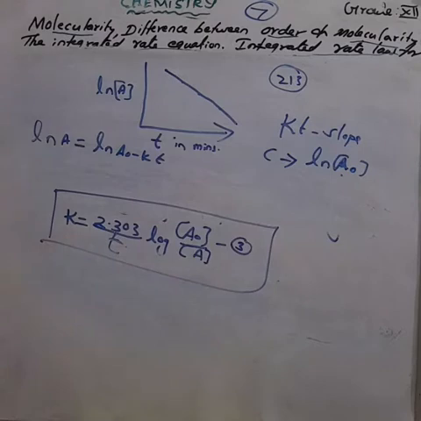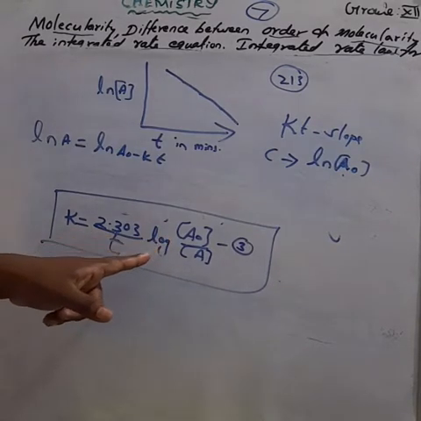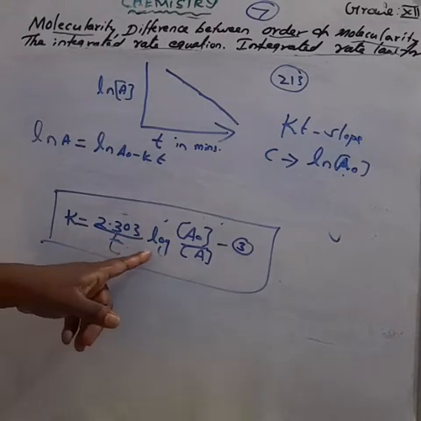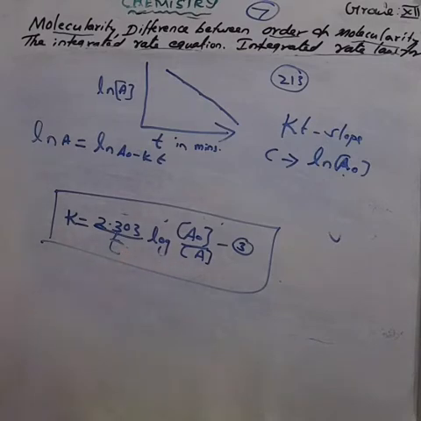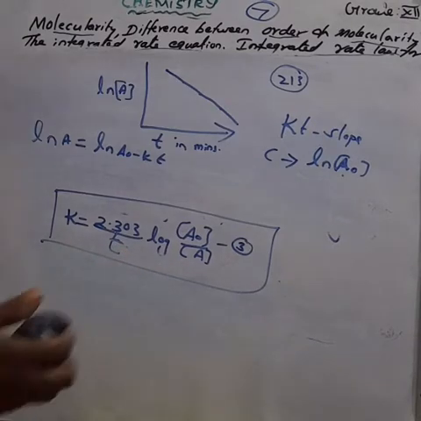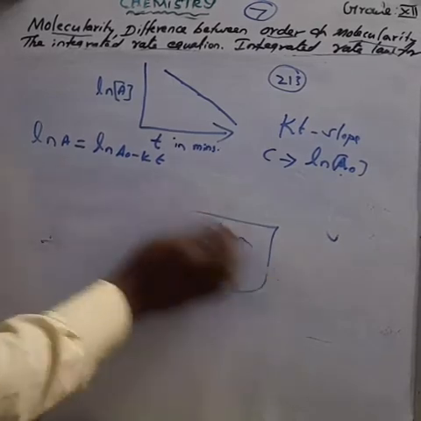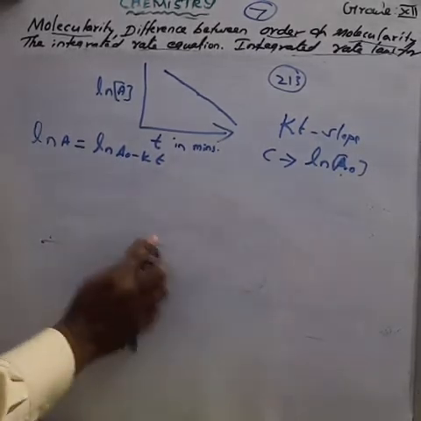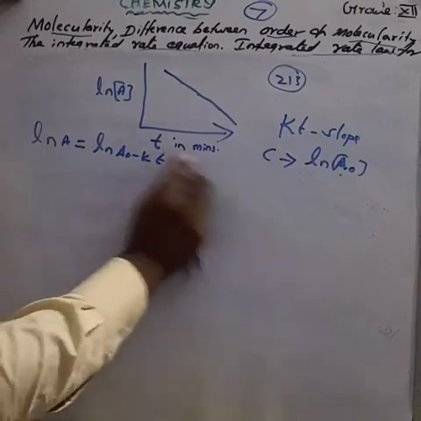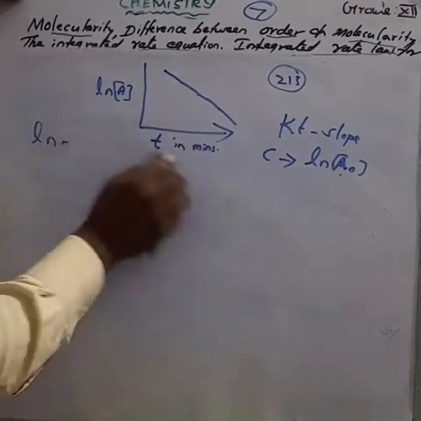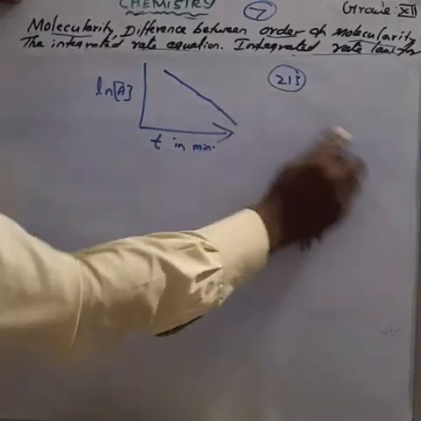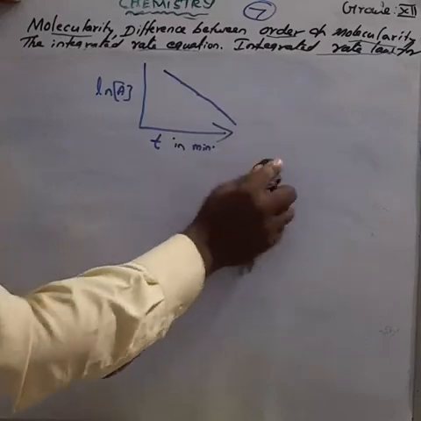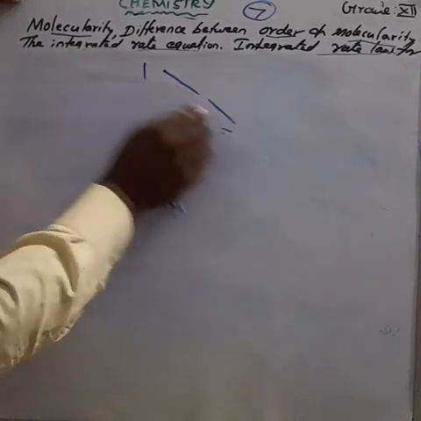Using this equation, with the 2.303 value and the time T, log A naught divided by A, where A at a particular time we can get using the graph, and the slope we already discussed. By using this expression, we can calculate K. Next.